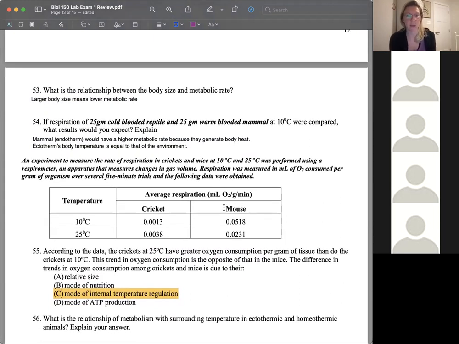Okay, so because the mouse has to generate its own body heat, it's going to have a higher metabolism at a low temperature. And as the temperature warms up, it doesn't have to work as hard to keep that internal body temp going. So that's why it decreases. The cricket's metabolic rate is always going to kind of match the temperature. So as temperature increases, so does its rate of metabolism.